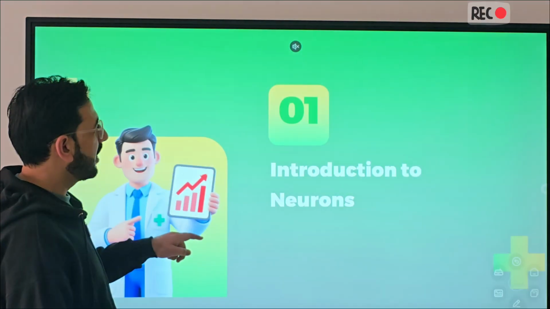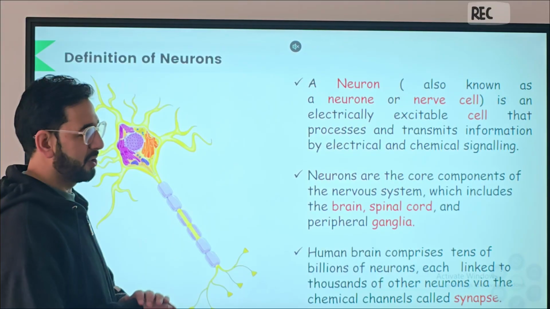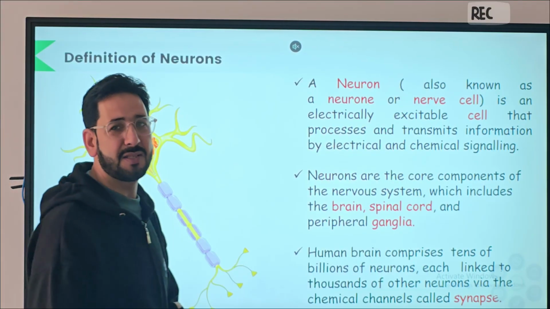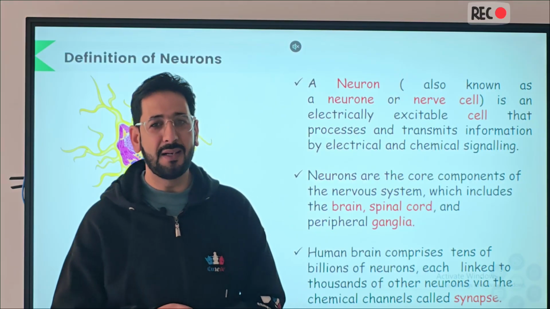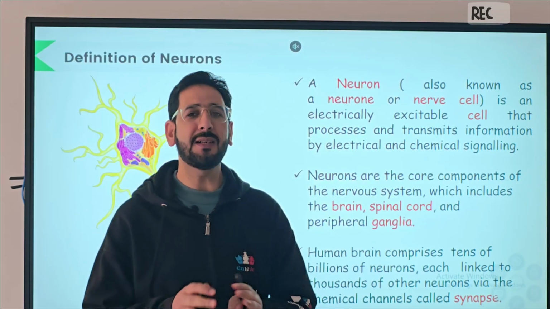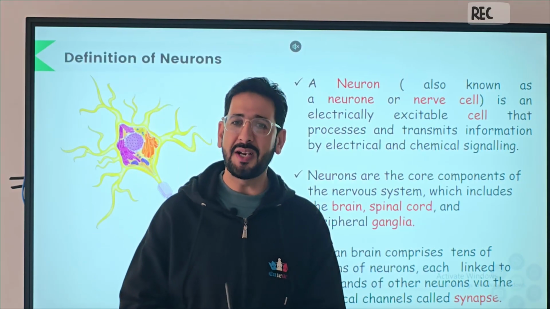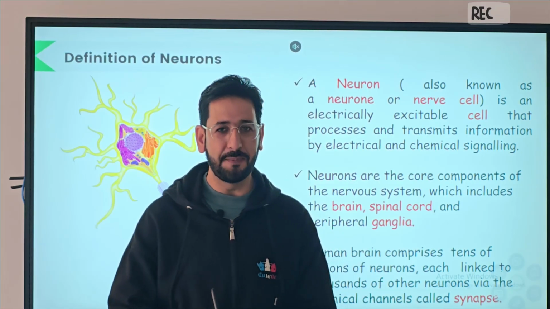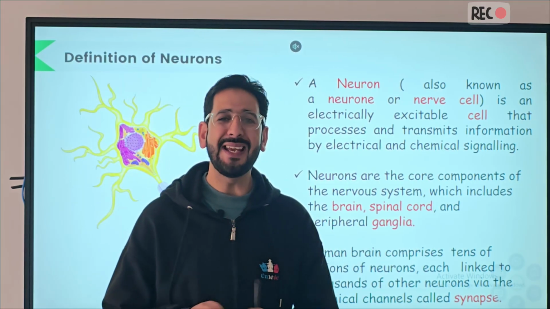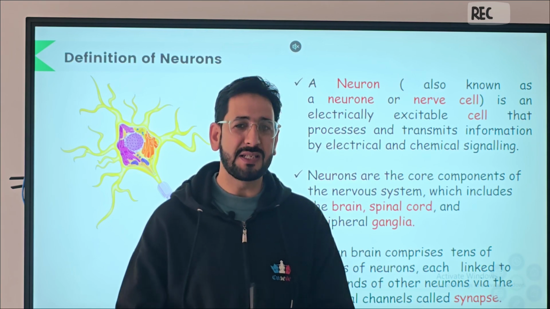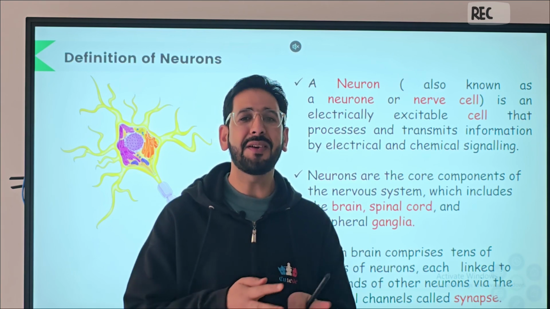Now before that, let's have the basic introduction to the neurons. Now what exactly is this neuron? Neuron is actually also called a nerve cell, and it is the basic functional unit and structural unit of the nervous system. Now nerve cell is actually an excitable cell that is electrically stimulated.